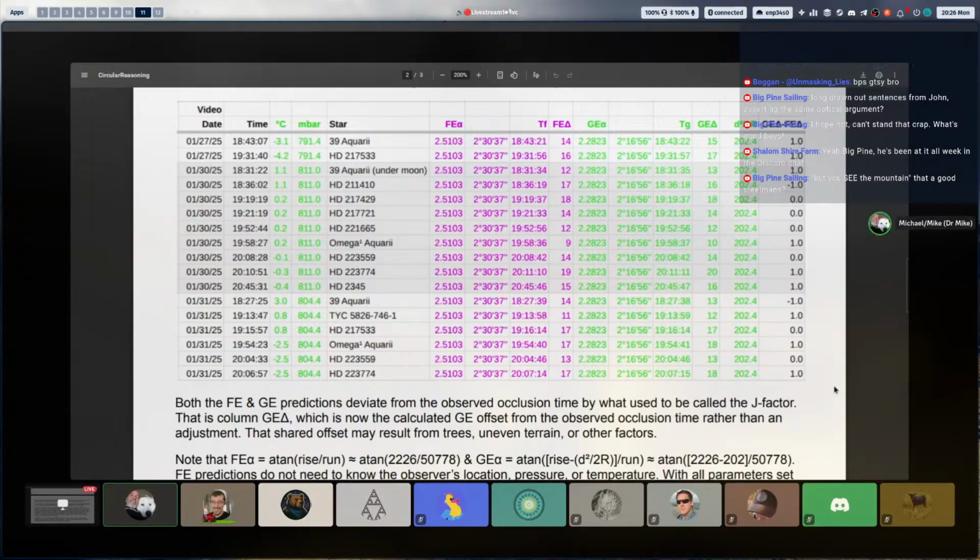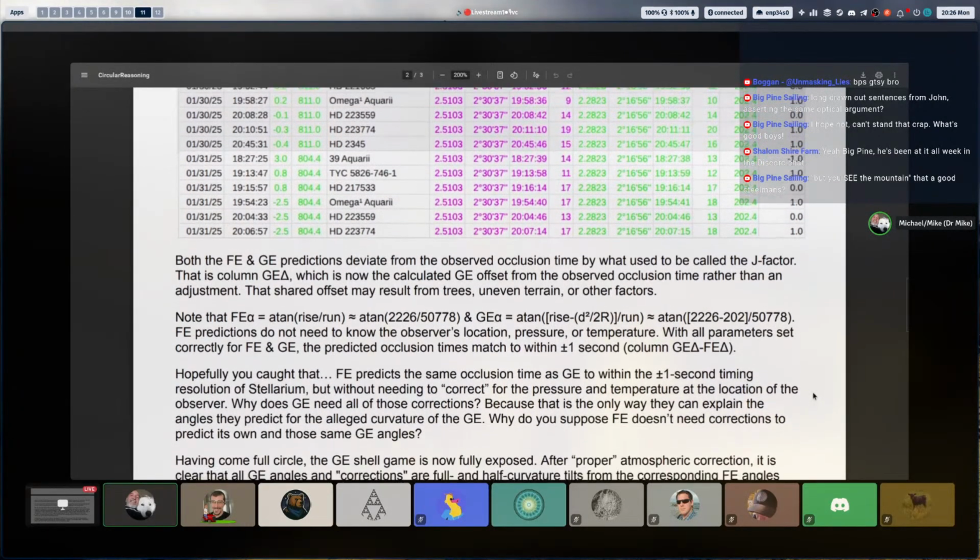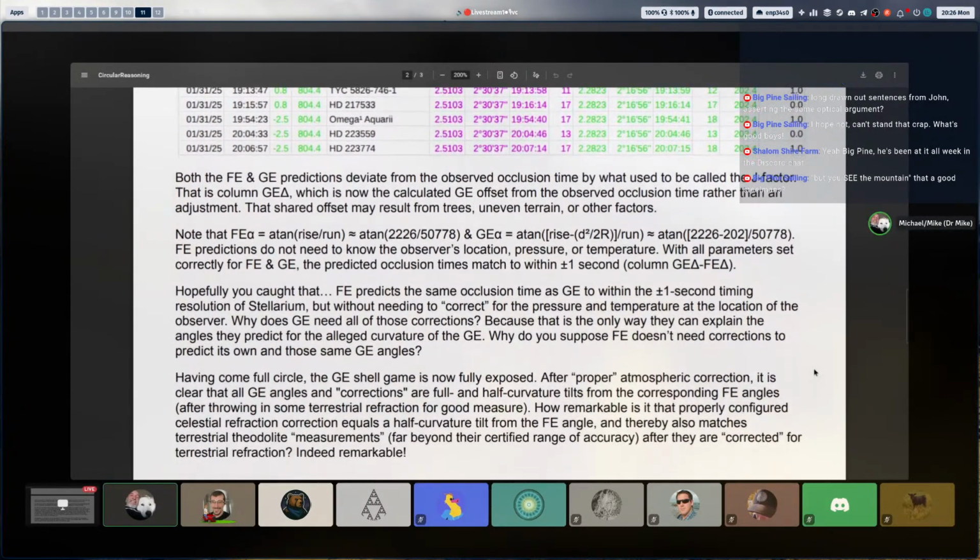And in this PDF, I give you the exact equation used to calculate the flat Earth and globe Earth measurements. And I want you to note that flat Earth predictions don't need to know the observer's location. They don't need to know the pressure or the temperature.